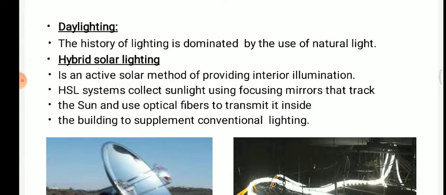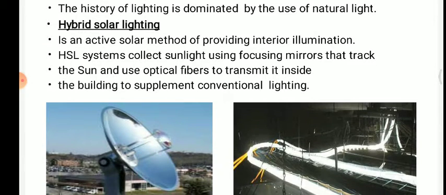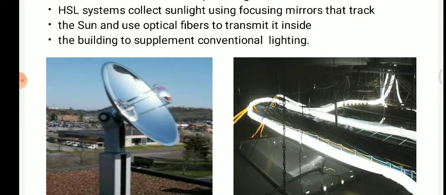Hybrid solar lighting. It is an active solar method of providing interior illumination. The HSL system collects sunlight using a focusing mirror that tracks the sun and uses optical fiber to transmit it inside. That means, you may know the mirror from before, a large convex mirror, by which the sun's ray gets concentrated at the center, and if we take it to a black surface or black polythene, it will start burning.